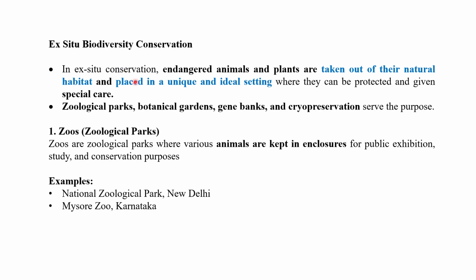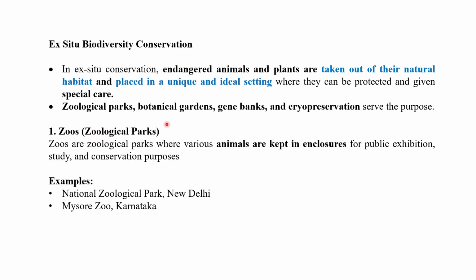In ex situ conservation, endangered animals or plants are taken out of their natural habitats and placed in a unique and ideal setting where they can be protected and given special care. They can be brought from one location to another for their special care. For example, zoological parks, botanical gardens, gene banks, and cryopreservation serve this purpose. So, these four types we shall discuss here.